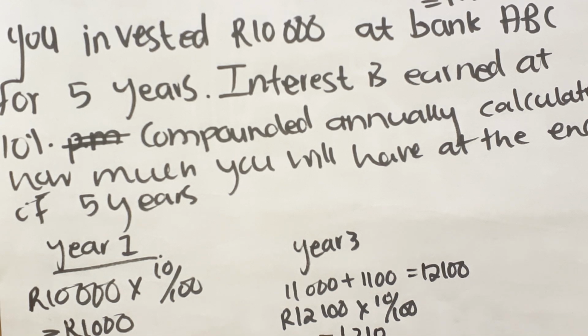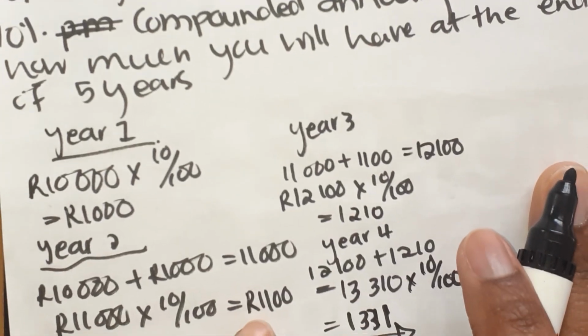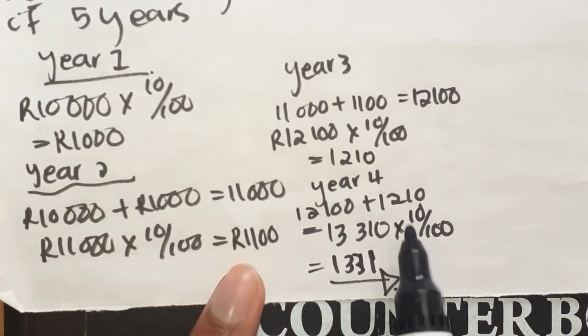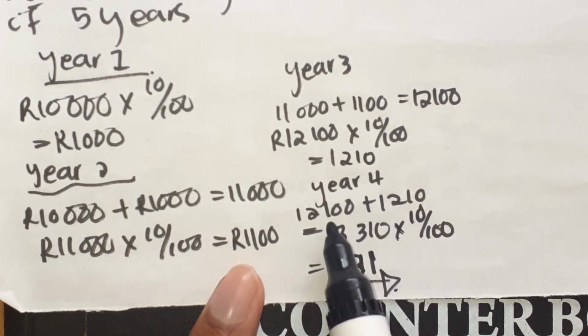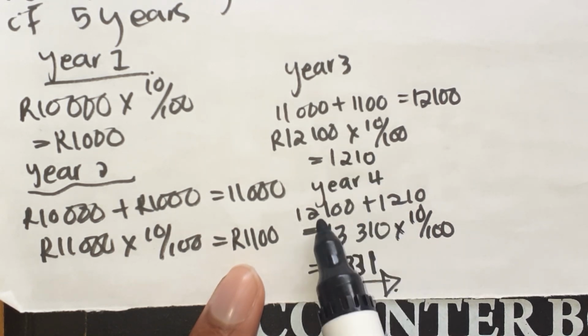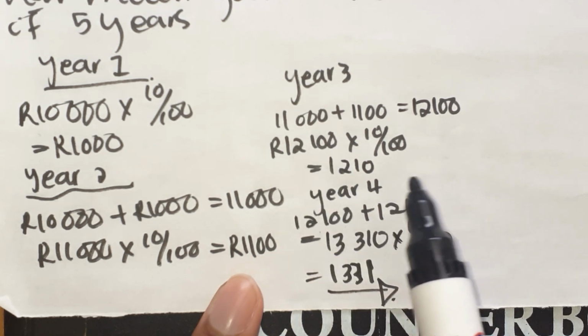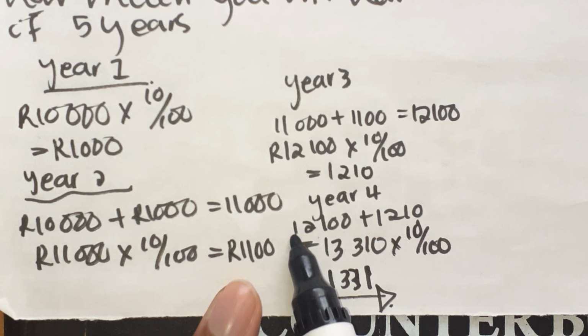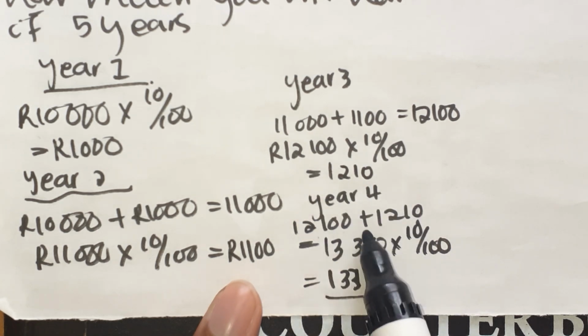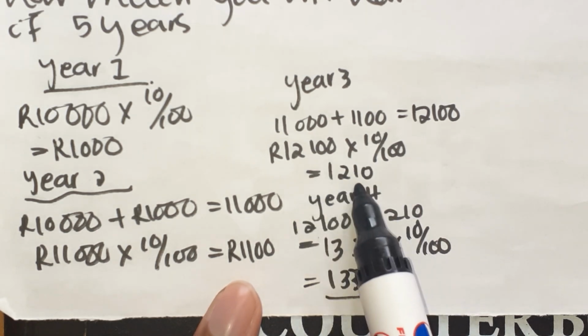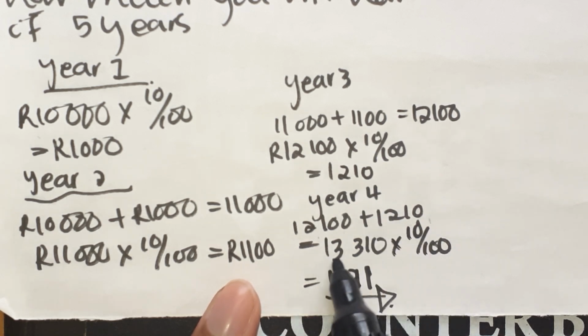Sorry, I didn't show that, guys. This is the interest we have at year 4. We started with 12,100 plus the 1,210 interest of year 3. In year 4, that gives us 13,310. We times that by 10%. This is the interest we earn in year 4.